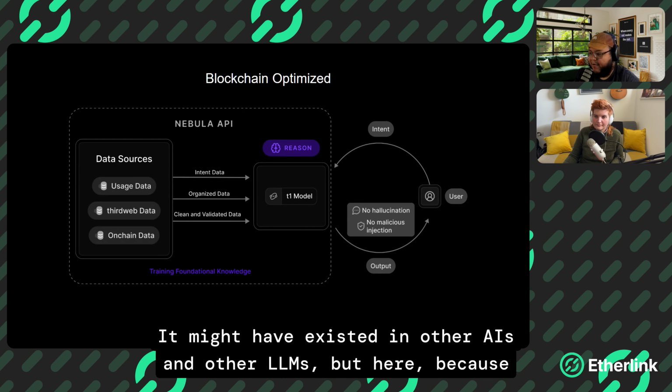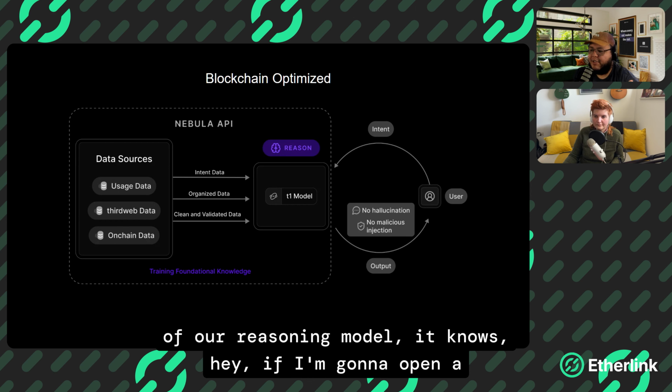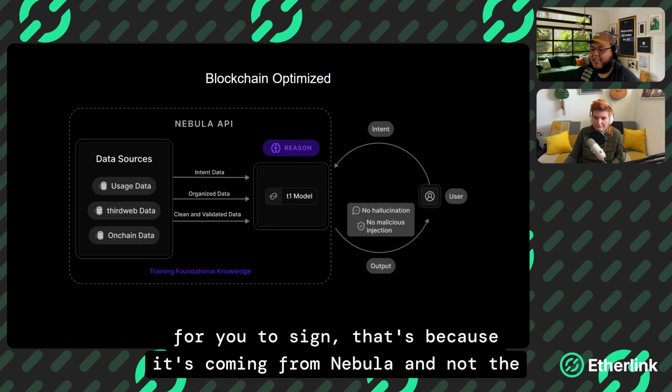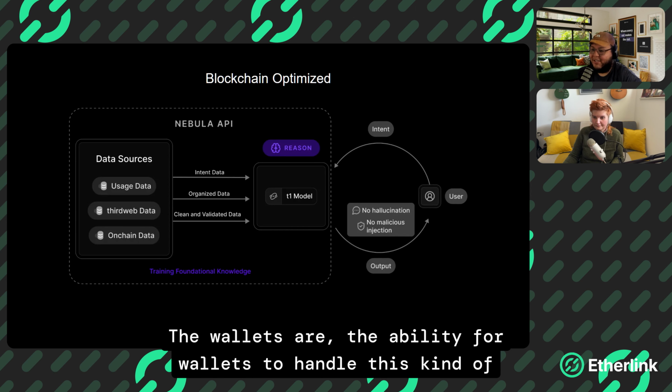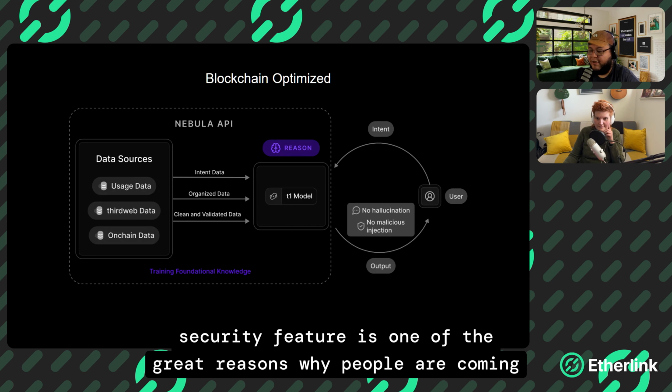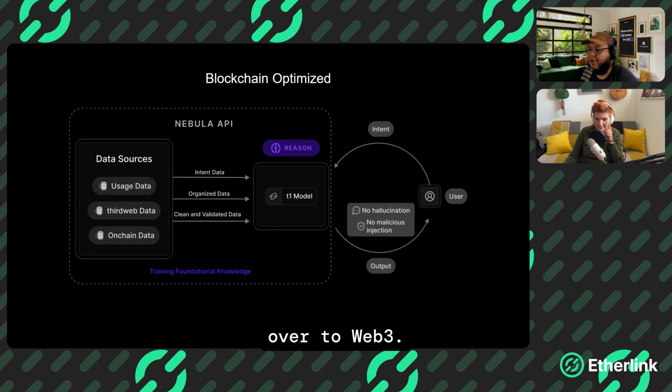It might have existed in other AIs and other LLMs, but here, because of our reasoning model, it knows that if it's going to open a transaction for you to sign, that's because it's coming from Nebula and not the injected user. That's a really cool feature of blockchain. The ability for wallets to handle this kind of security feature is one of the great reasons why people are coming over to Web3.